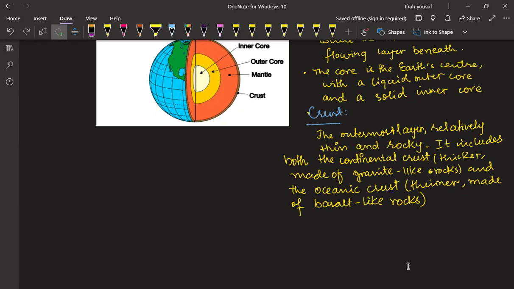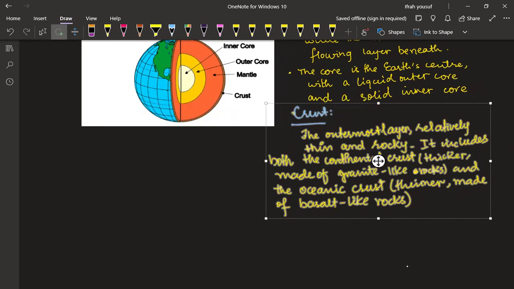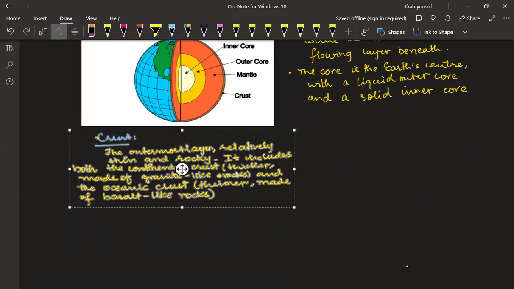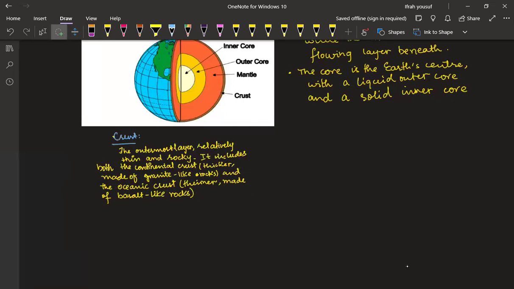Now we will talk about the mantle. The thickest layer, located beneath the crust.